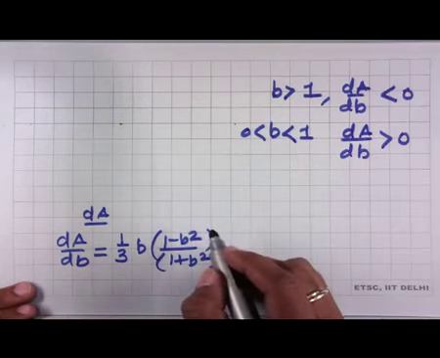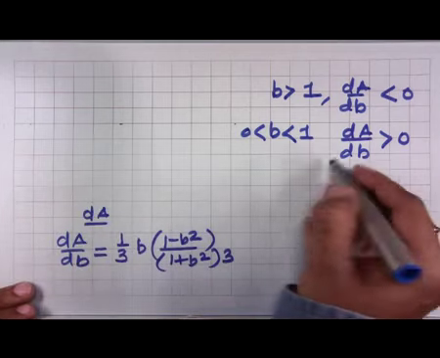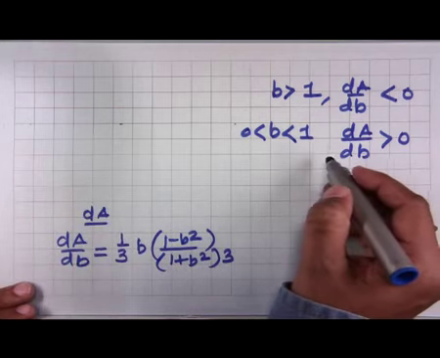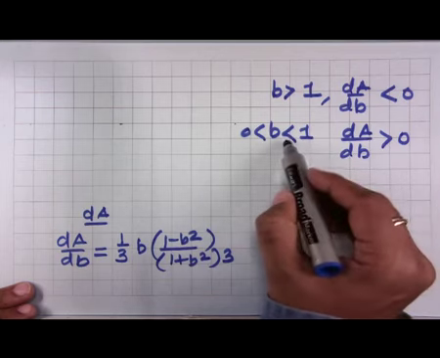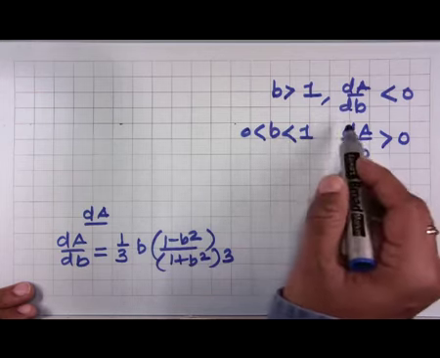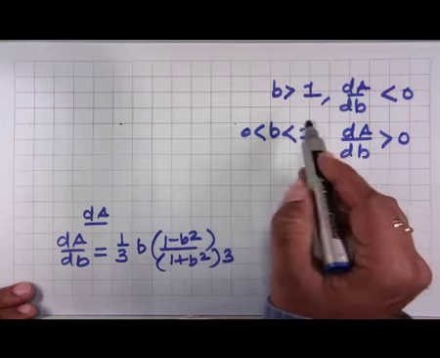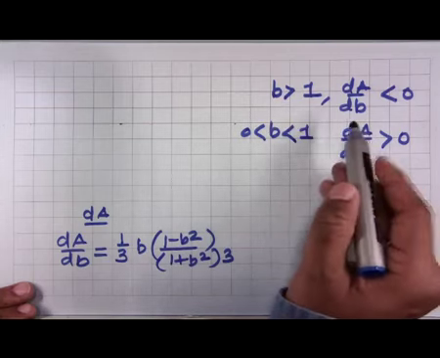So A increases when b increases and A decreases when b takes value greater than 1.